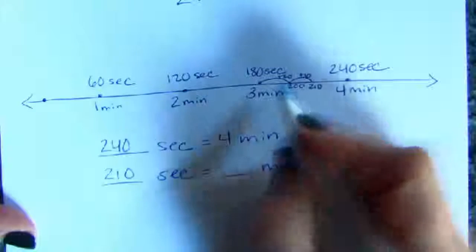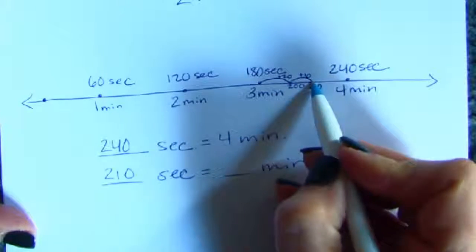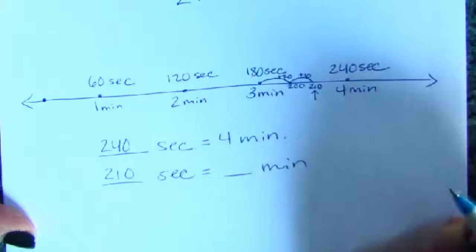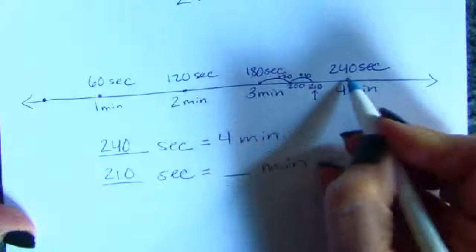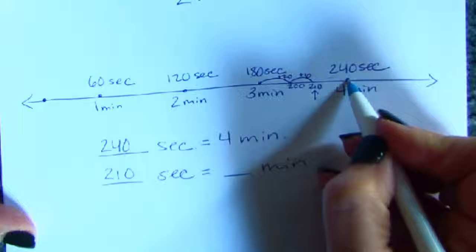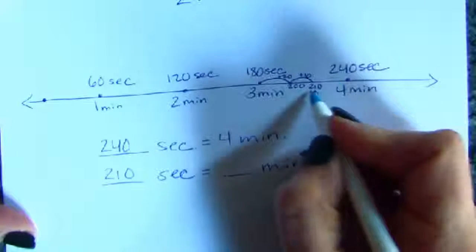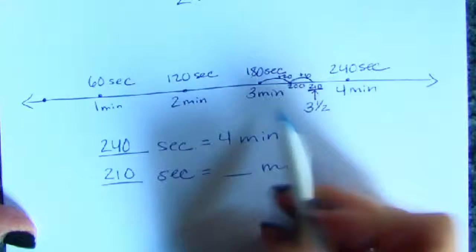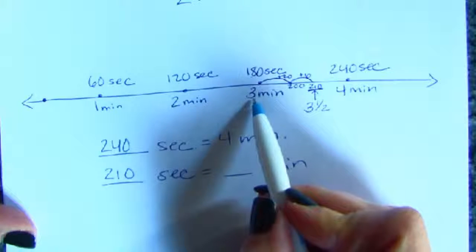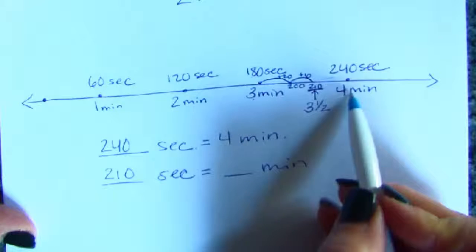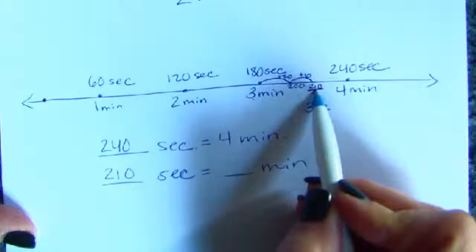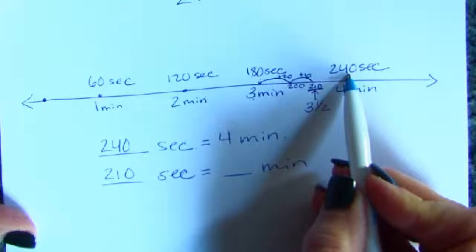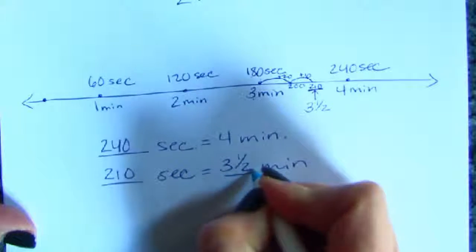So 180 plus 20 plus 10, so 180 plus 30 got us to 210 seconds. 210 to 240, well, that's 30 more to get us there. Looks like we're about halfway. So would it be safe to say that 210 seconds is in the middle of 3 minutes and 4 minutes? 210 is in the middle of 180 and 240. So our answer would be 3.5 minutes.